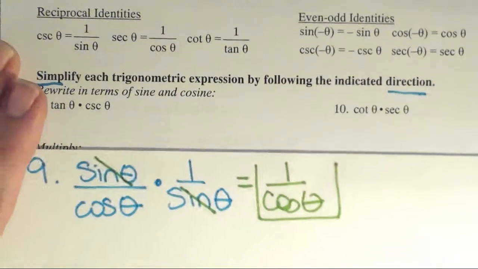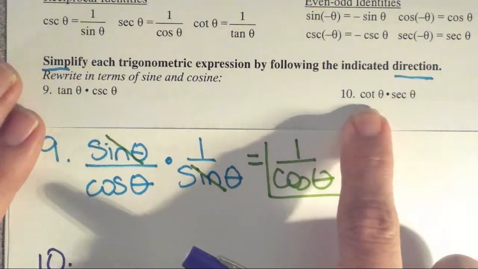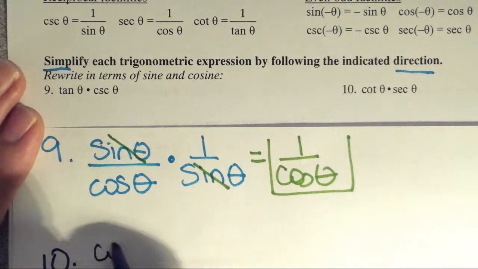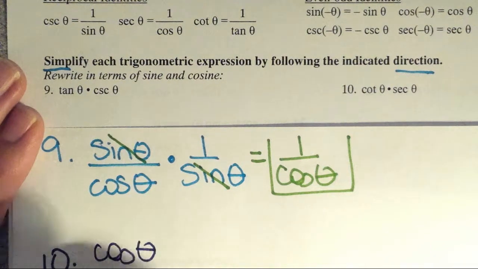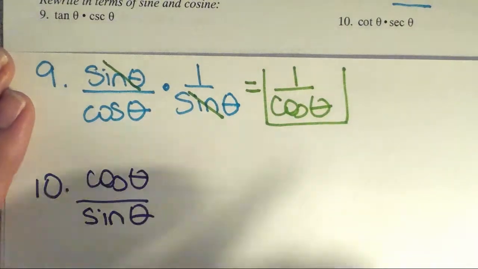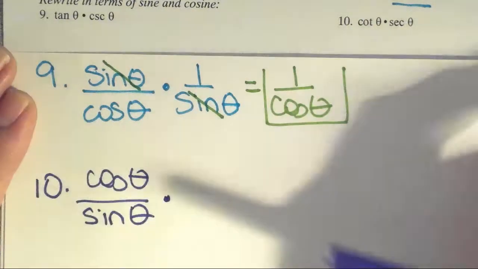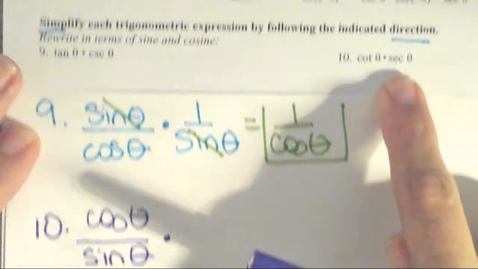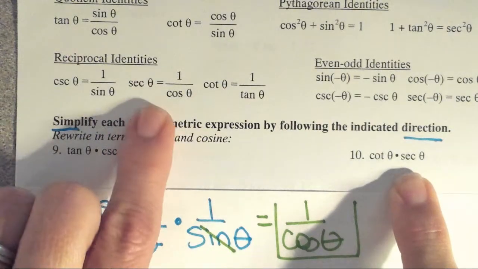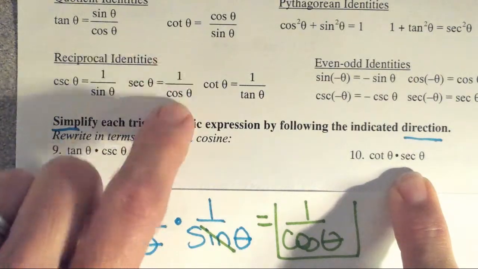So right there where it says cotangent, I'm going to write cosine theta over sine theta. And then it says times, so I put a times, and then it says secant. So I use my rules again. For secant, I'm going to write 1 over cosine.